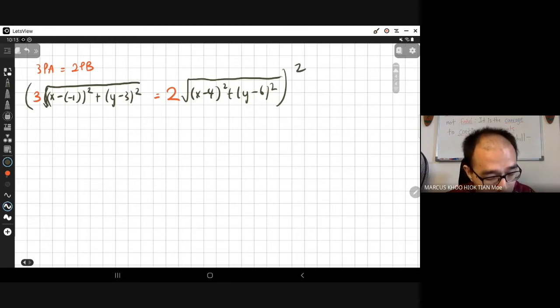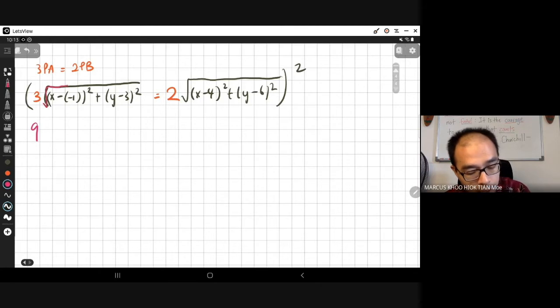When we square everything, we get 3 squared is 9. The square root on this side disappears, so what you will have left is (x plus 1) squared plus (y minus 3) squared.